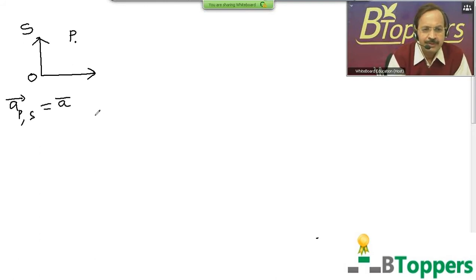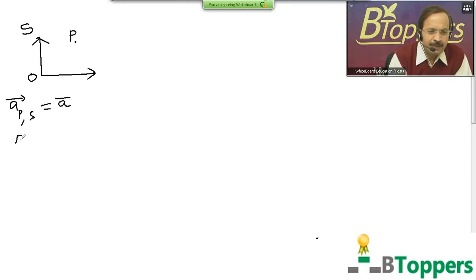It is with respect to the stationary observer who is at rest with respect to the earth at the given place. Of course, for all practical purposes, we are going to consider laboratory frame of reference as inertial frame of reference or fixed frame of reference. So here a bar is acceleration of the particle in the inertial frame, or with respect to the frame S.